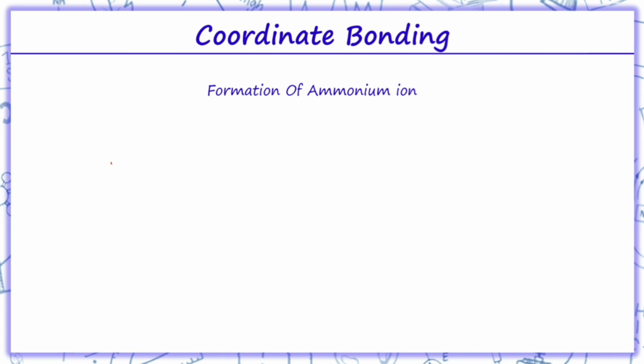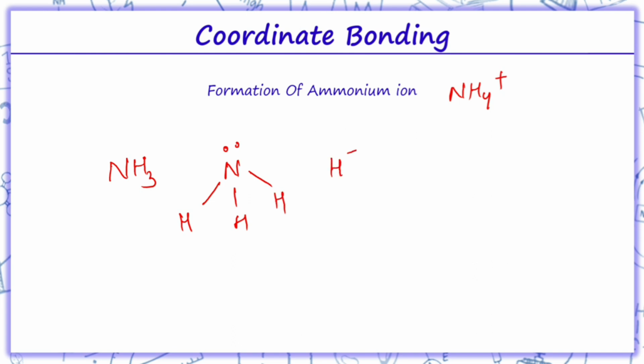Now again, as we saw in the hydronium ion, the same is the case with the ammonium ion. Ammonium ion is what? NH4 plus. So we know NH3, its structure is N with a lone pair of electrons. This is H, H and H. Now when H plus ion will come, this lone pair of electrons is shared with the H plus ion.